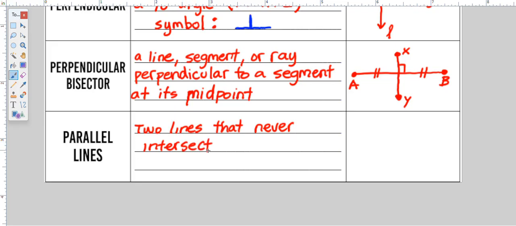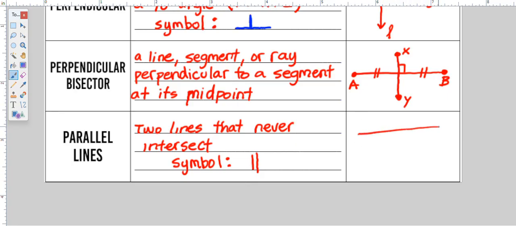And there is a symbol we use for them too. And the symbol that we use for parallel lines, that way we don't have to write parallel over and over again and forget how many L's go in or don't go in, is just this. They are two lines that are like parallel to each other.